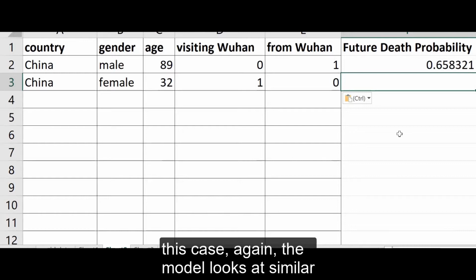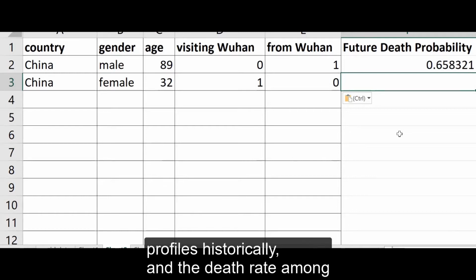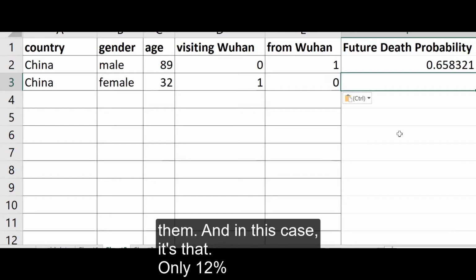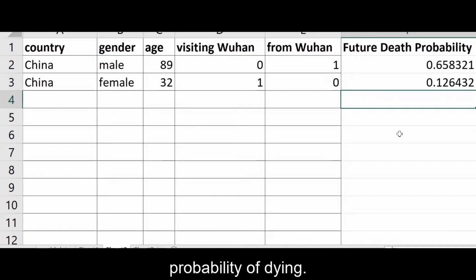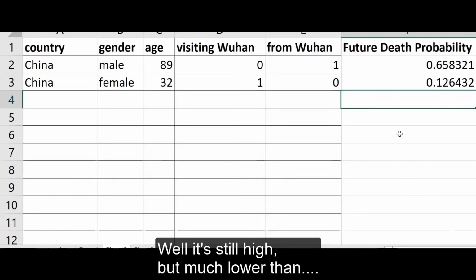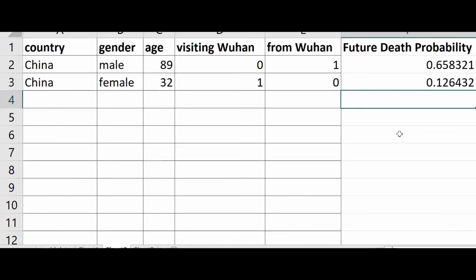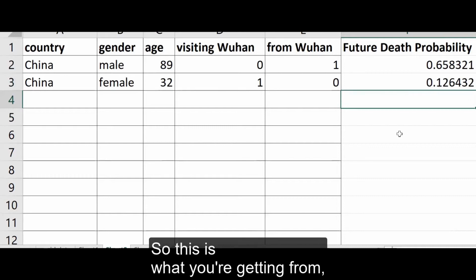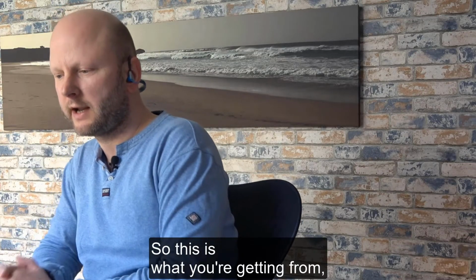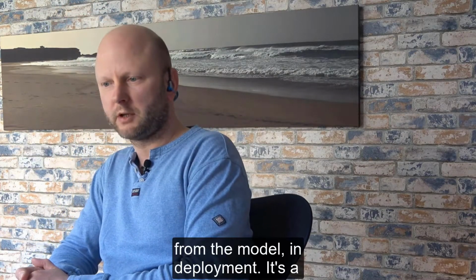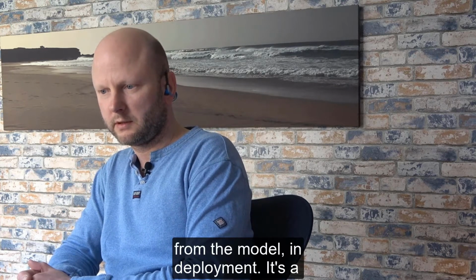And in this case, again, the model looks at similar profiles historically and the death rate among them. And in this case, it's that. Oh, only 12% probability of dying. Well, still high, but much lower than the other 65% profile. Yeah, for sure. So this is what you are getting from the model in deployment.